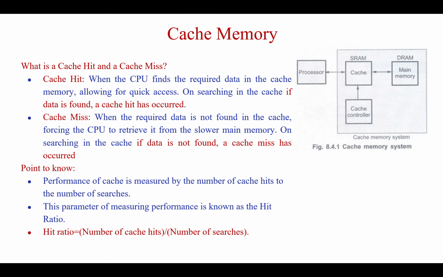Here we need to know a very important formula, the hit ratio. Hit ratio equals the number of cache hits divided by the total number of searches. This is the formula used to calculate the hit ratio.